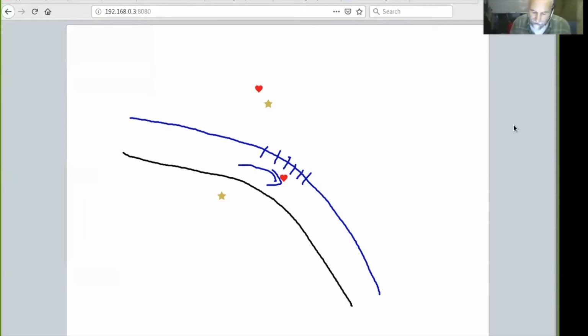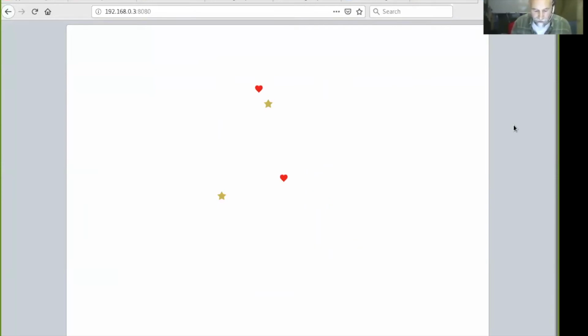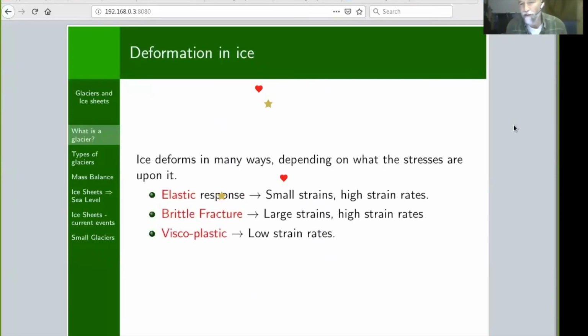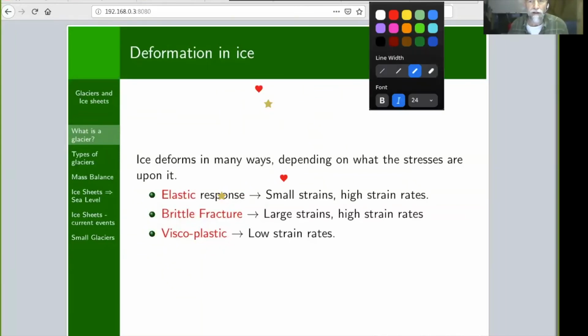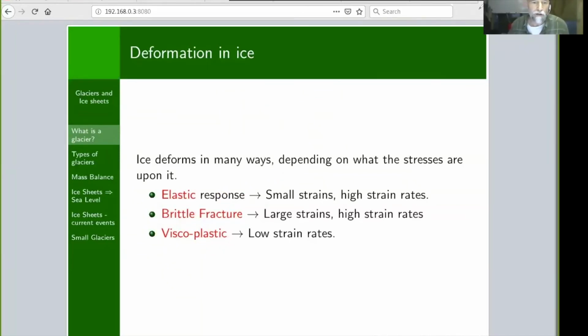Realizing that there was no way that I would actually get through all of this material in the time I've got, I thought I would give you some options. So here are some fundamental options for what we can work on next. The most basic and important information about a glacier is its mass balance, how much is gained versus how much is lost, and that's something I've done quite a bit of research in.